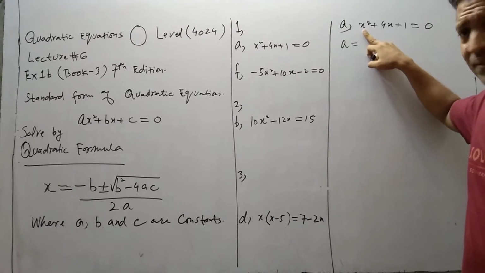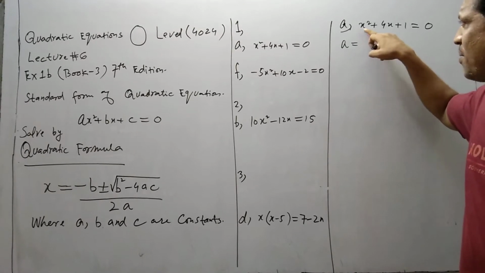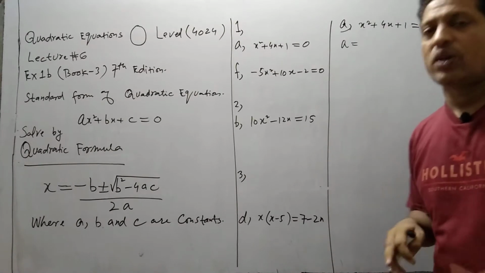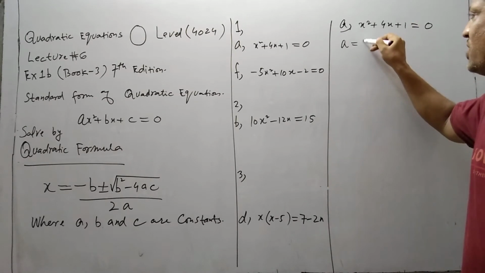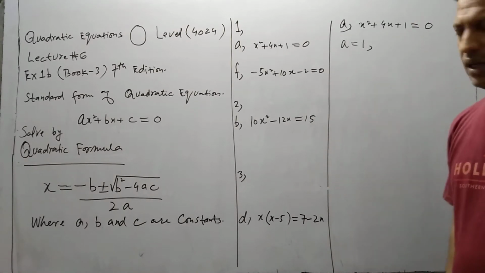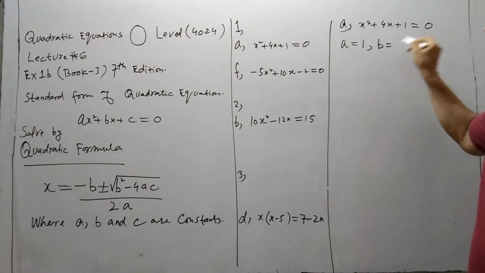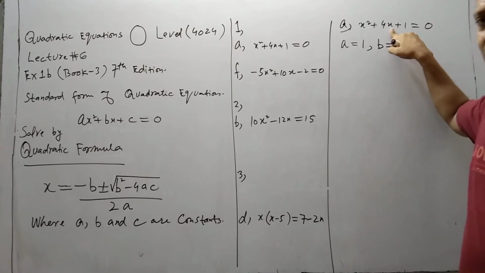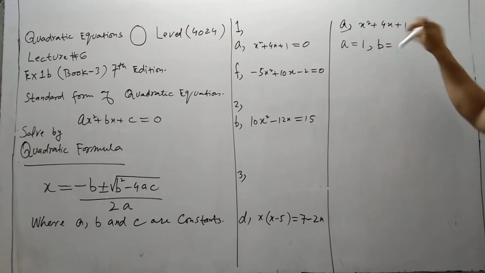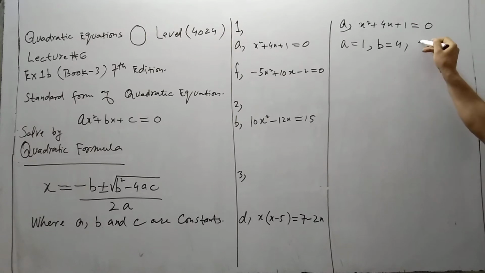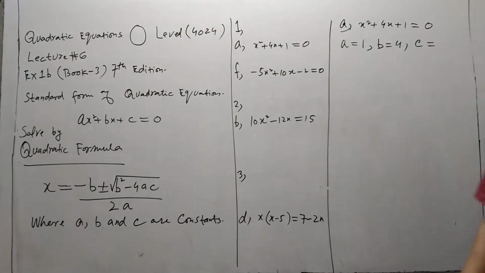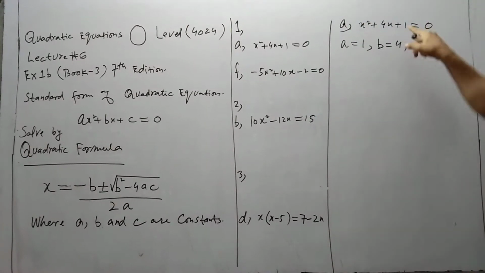Just before x square there is no number, it means if there is no number then it is 1. What is b? The coefficient of x. In this case the coefficient of x is 4. What is c? The constant number. The constant number in this part is 1.